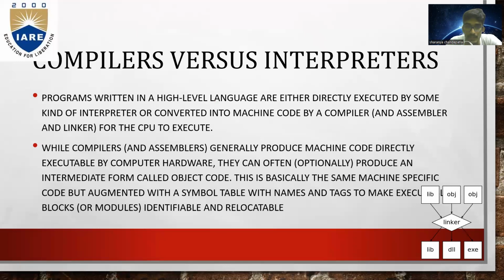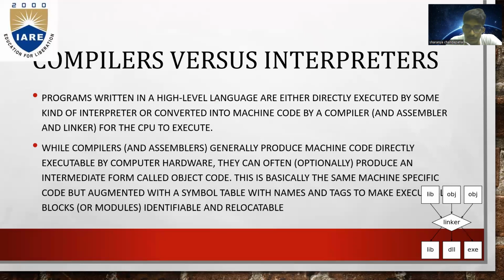The compiler will compile the code into machine code, and assemblers and linkers will also convert the code given to the program into machine code for the CPU to execute. While the compilers and assemblers generally produce machine code directly executable by computer hardware.